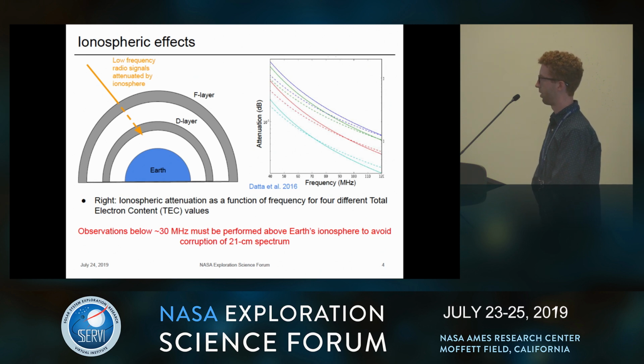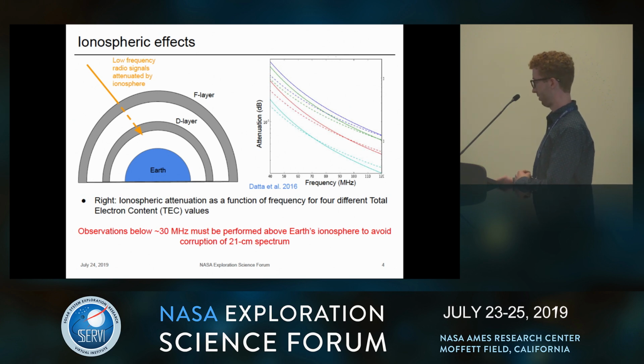This plot only goes down to about 40 megahertz, but you can see that as you decrease in frequency, the amount of attenuation increases. The effect is that below about 30 megahertz, which I'll remind you is where the dark ages absorption trough in the spectrum resides, the ionosphere essentially becomes opaque. And so doing these observations from the ground is really not possible.